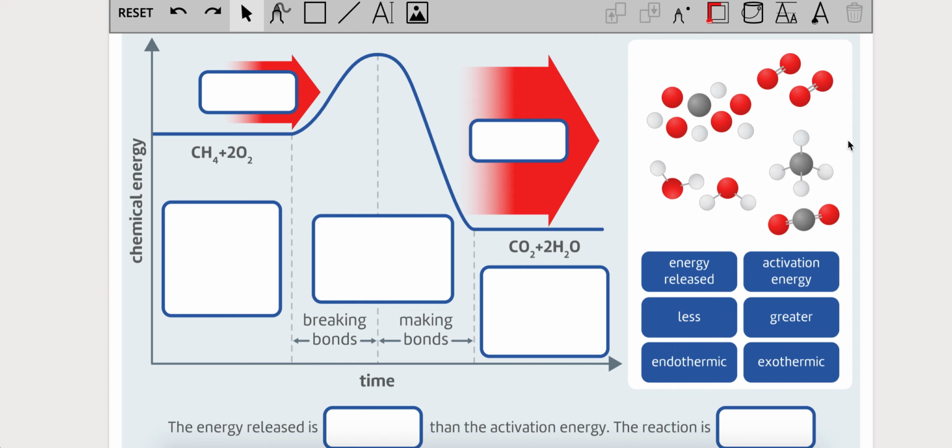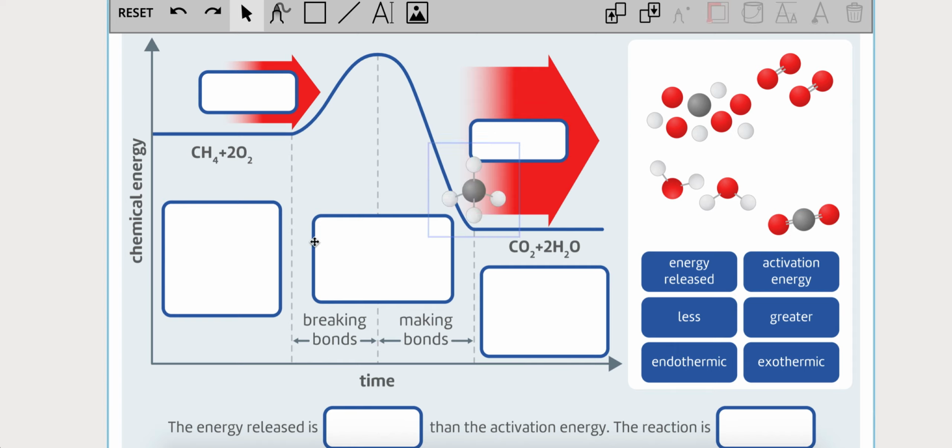The only available option here we can see is this one here. So by adding this in, what it now tells us is the carbon is shown by this large grey ball, and the hydrogens are represented by these white balls. Keeping in mind that there is 1 carbon, so 1 grey one, and 4 hydrogens, 4 white ones there.